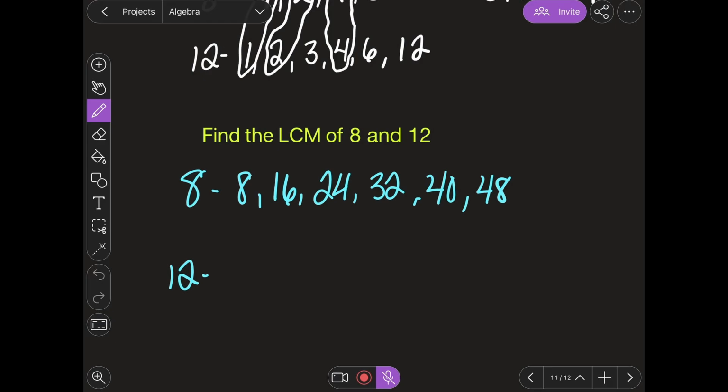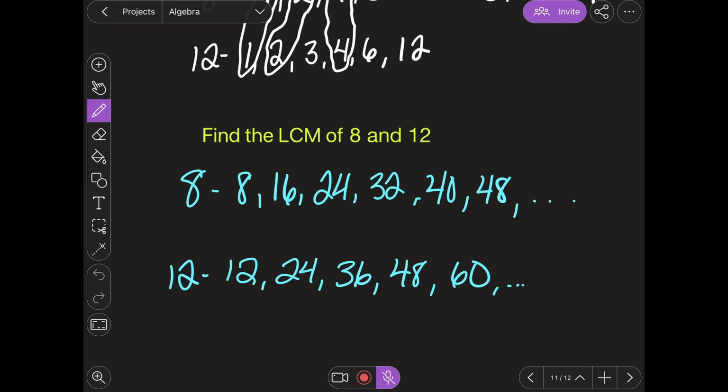So let's list out the multiples for 12. Got 12, 24, 36, 48, 60, and so on. Put the 3 dots right there. So now we're going to circle the common multiples that 8 and 12 have in common.